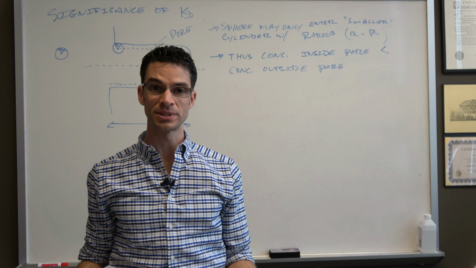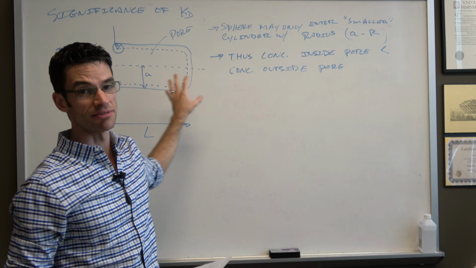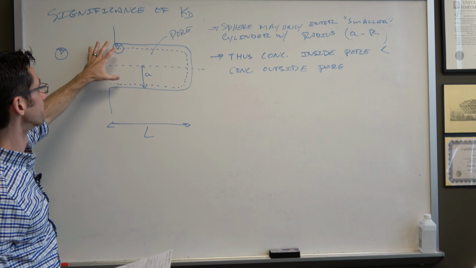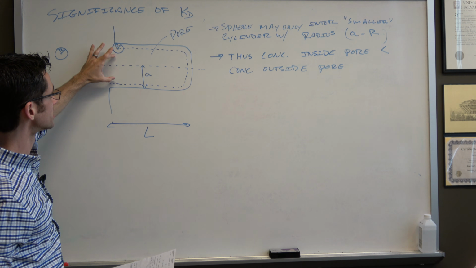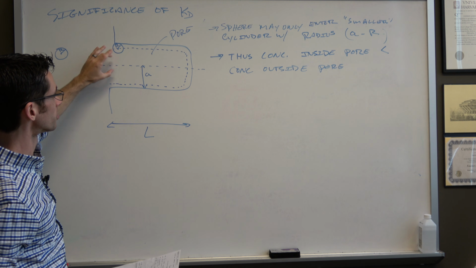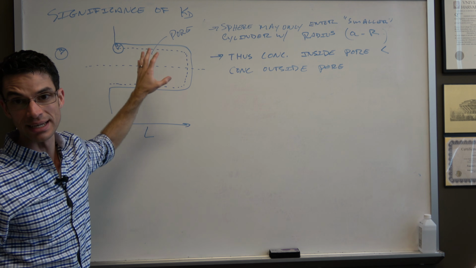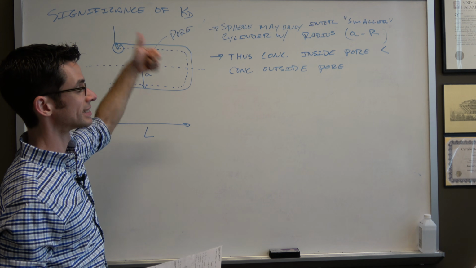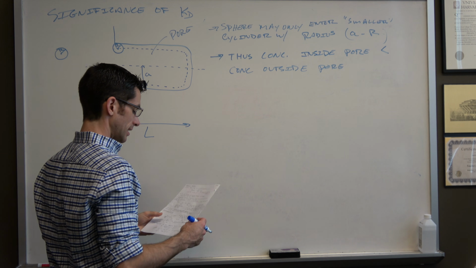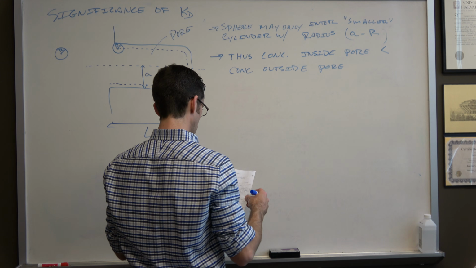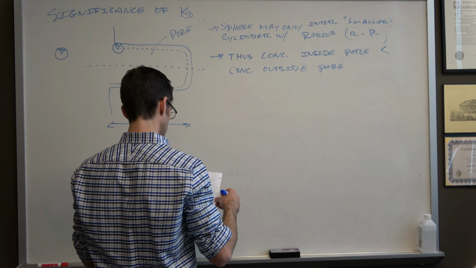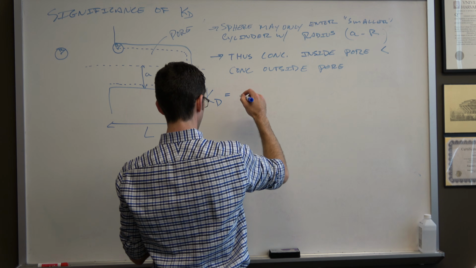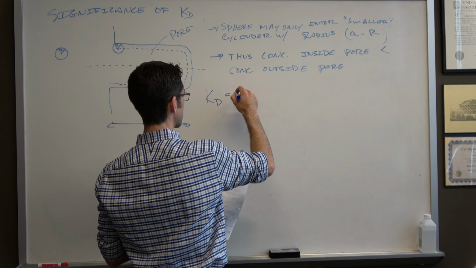For large solutes, the concentration in here is going to be vanishingly small, because as the smaller cylinder gets smaller, as R gets bigger, then the number of molecules that can make it in here per unit volume is going to be small. So concentration will get smaller inside the pores as the particle size gets bigger. So K is in actuality the fraction of the exterior concentration inside the pore.